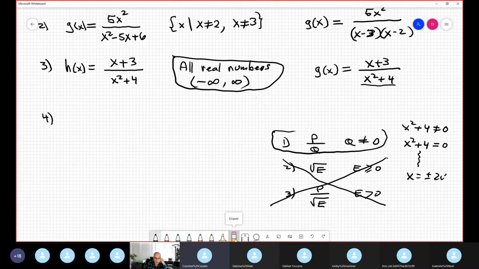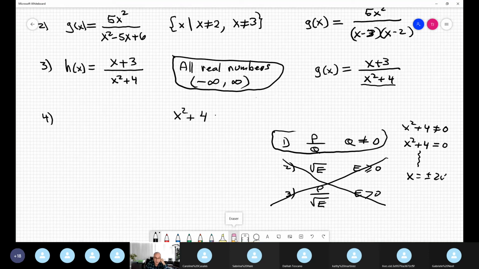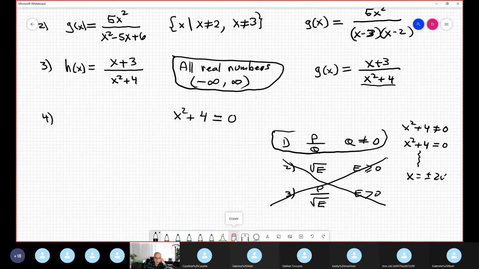Okay. The only thing I did was solving this quadratic equation. The super easy way is to isolate the x squared, move it to the right-hand side, and apply the square root method, exactly the same as we studied in the first test. And you can see, the square root of a negative number is imaginary, so plus or minus 2i.